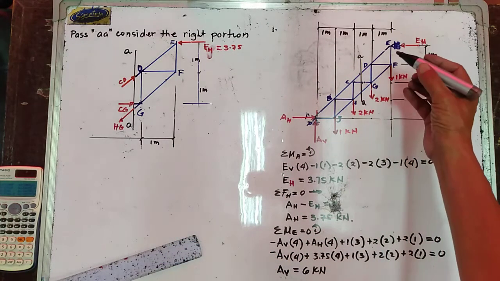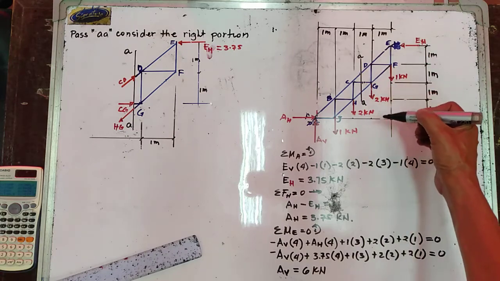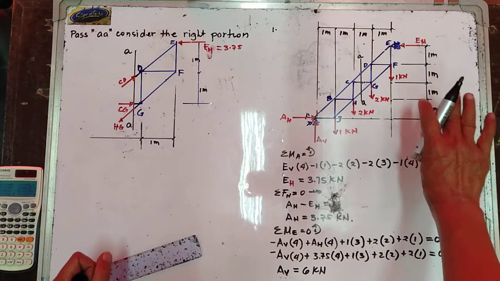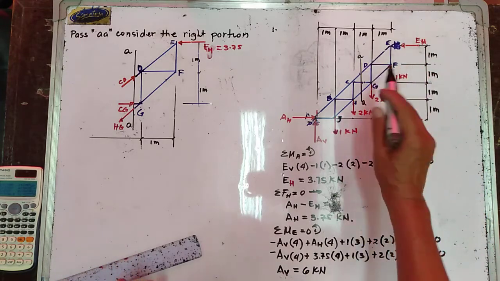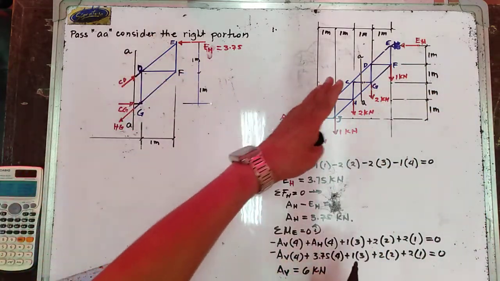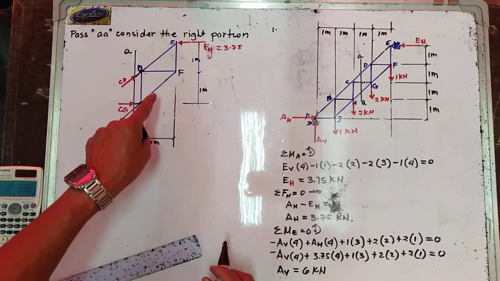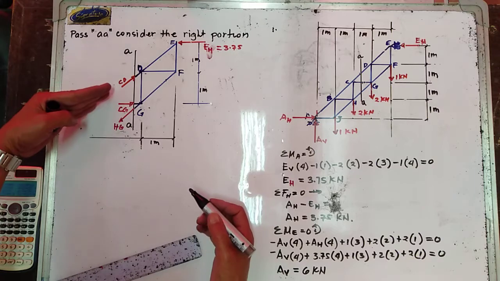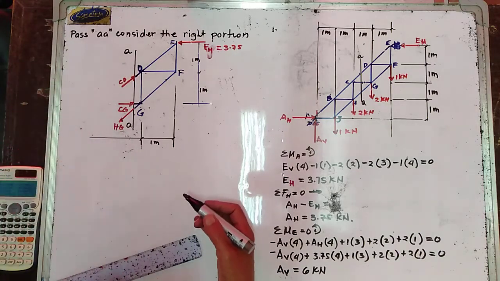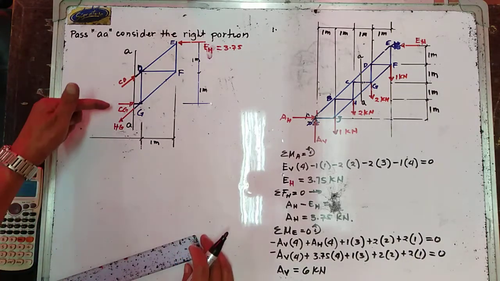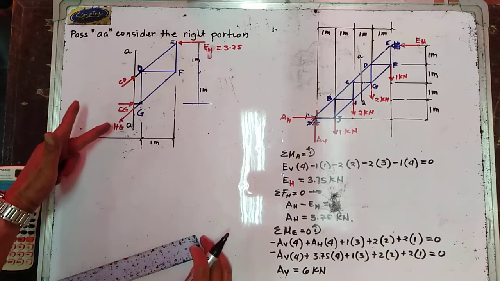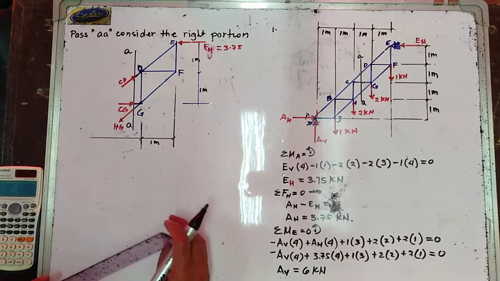Now, passing cutting plane AA and considering the right portion of AA, this is now the free body diagram. This is the bar force exerted by member CD, the bar force exerted by member CG, and this is the bar force exerted by member HG.